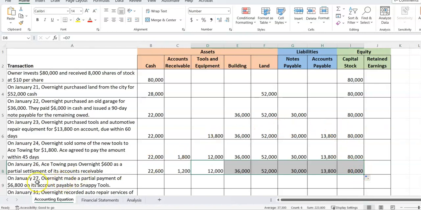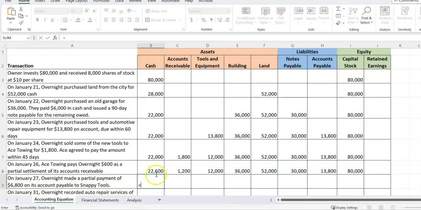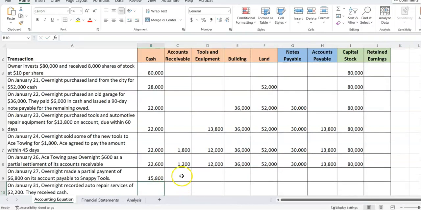Okay. Then our company made a partial payment of $6,800 on its accounts payable to Snappy Tools. So we gave them cash. We have less cash now, so minus $6,800. This is still the same. So I'm going to copy and paste, and then the next one we're going to change is the accounts payable.